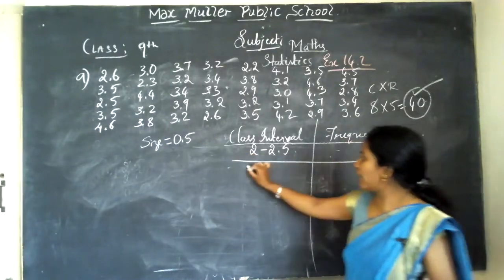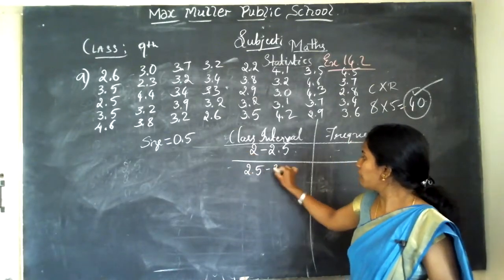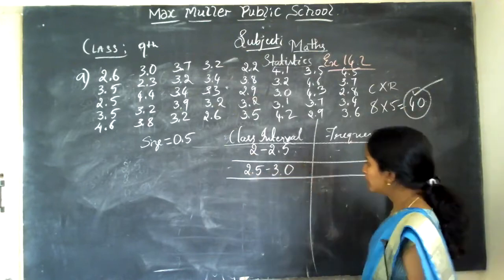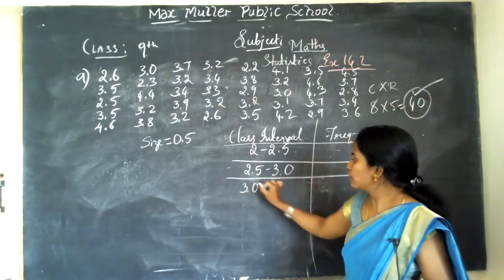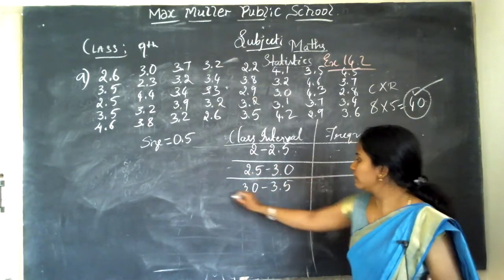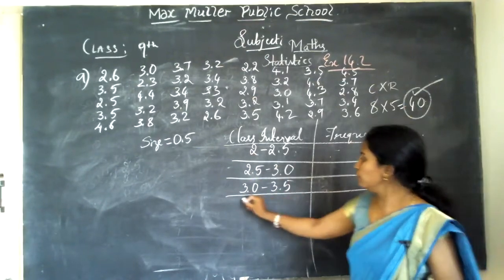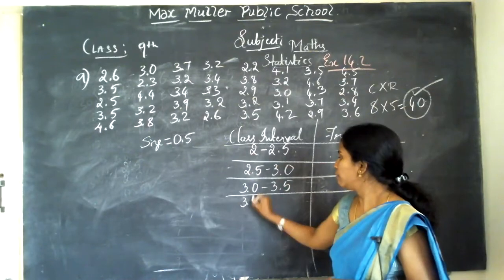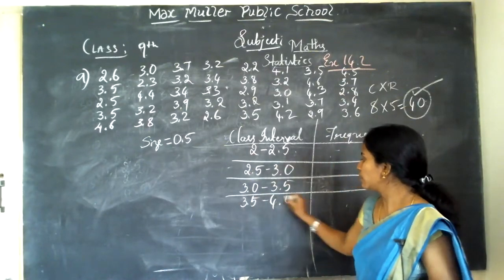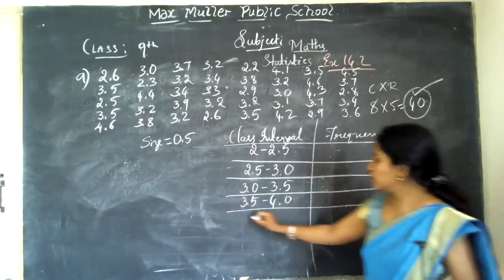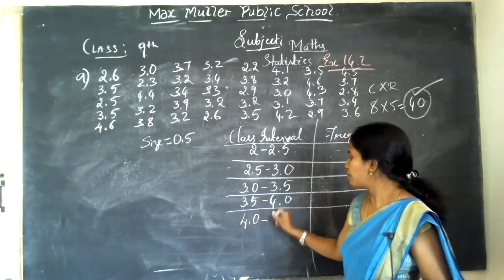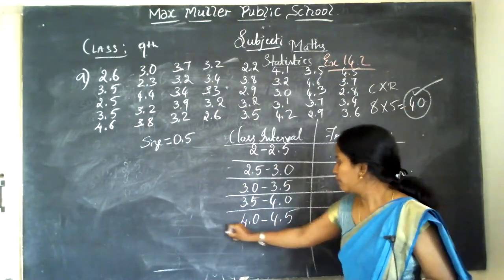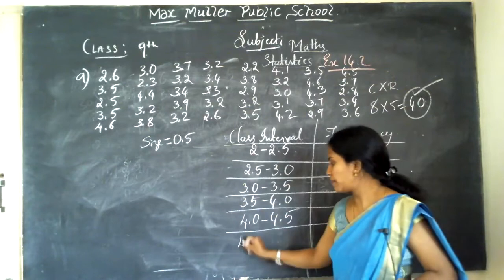Similarly, 2.5 to 3.0, 3.0 to 3.5, 3.5 to 4.0, 4.0 to 4.5, 4.5 to 5.0.